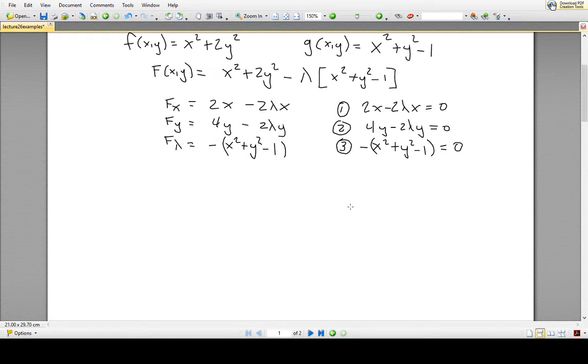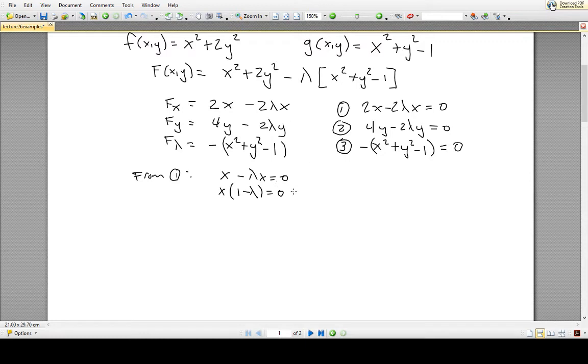So let's solve equation number 1. From equation 1, dividing both sides by 2, I end up with x minus lambda x is equal to 0. If I factor that, I get x times (1 minus lambda) is equal to 0.